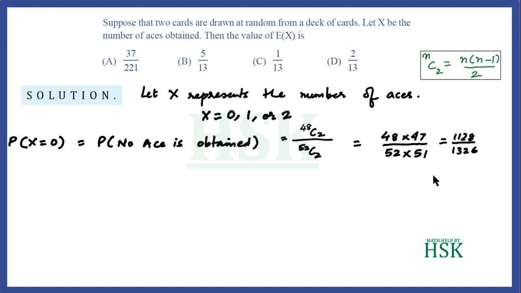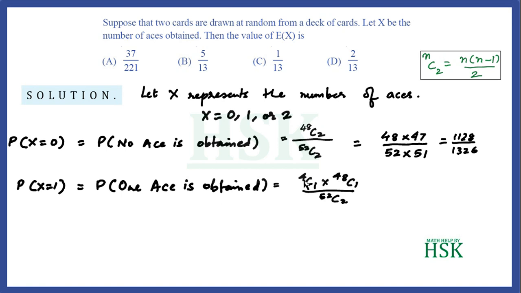Now the probability of X equal to 1 would be the probability that one ace is obtained, and this would be equal to selecting 1 ace from 4 aces and 1 card from 48 cards, upon 52C2. This is 4 into 48, since 4C1 is equal to 4 and 48C1 is equal to 48, and 52C2 is equal to 52 into 51 upon 2.